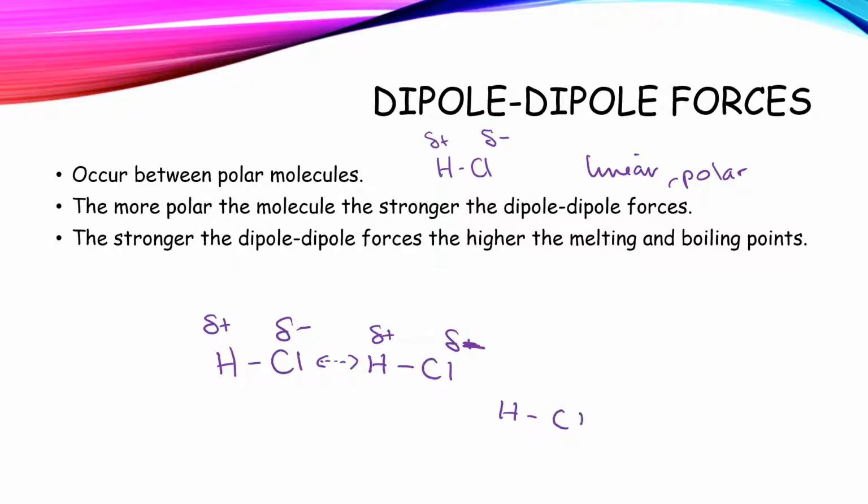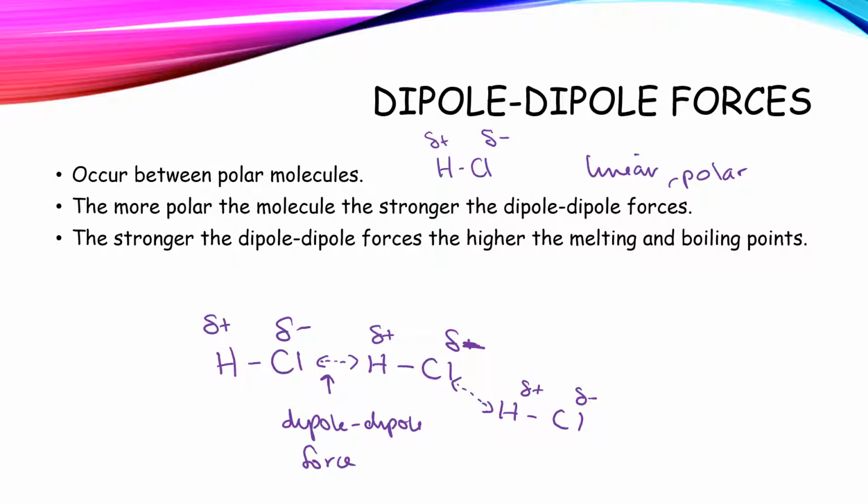This partial positive here is attracted to the partial negative of another molecule. This is called a dipole-dipole force. That dipole-dipole force means that the melting point and boiling point of a hydrogen chloride molecule would be higher than something of similar mass.